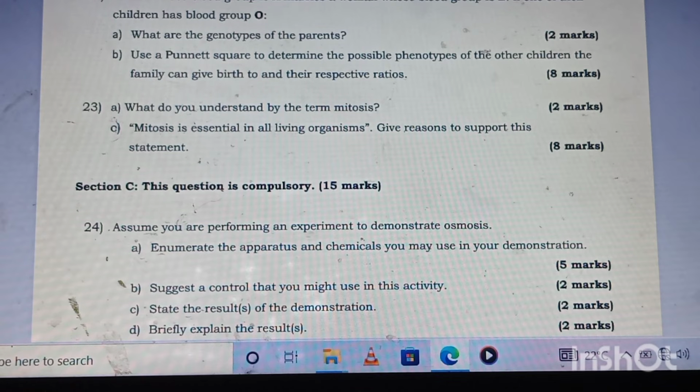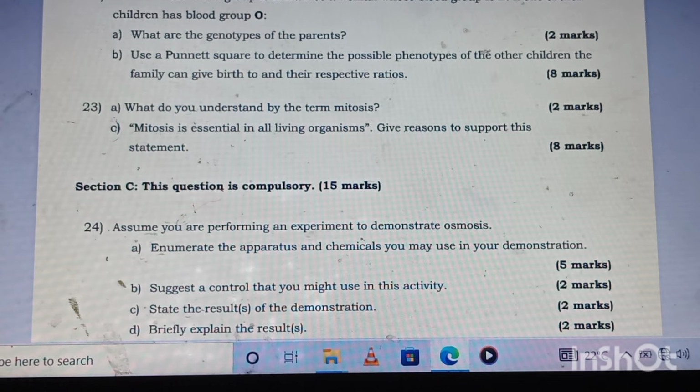For question number 24, that is section C. You attempt only one question. For that section C, we have what you call: assume you perform any experiment to demonstrate osmosis. Osmosis, remember, is the transport that occurs in the cell membrane. That is passive transport. Enumerate the apparatus and the chemicals you may use in your demonstration.